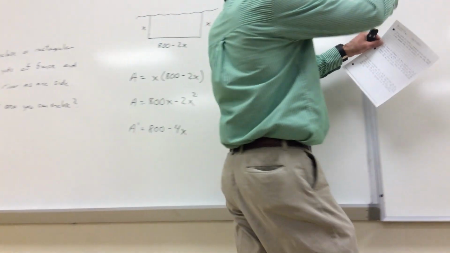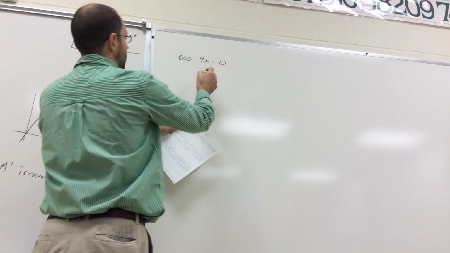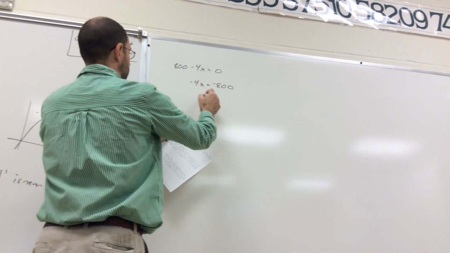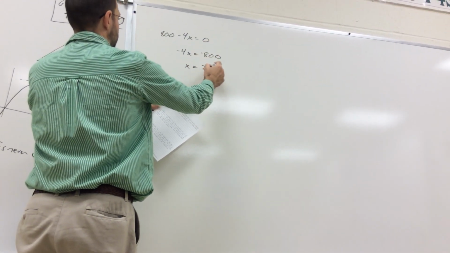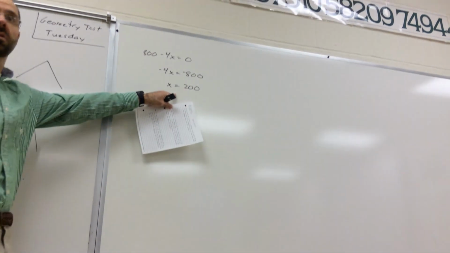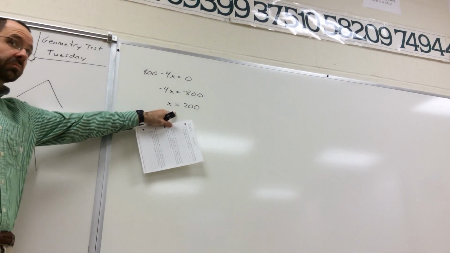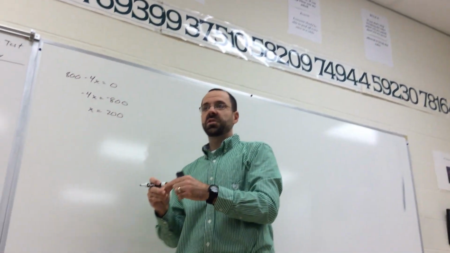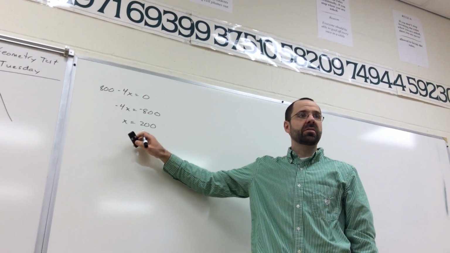The other critical values come from the derivative being 0, so that's at x equals 200. We suspect this is where the maximum happens because it's the only critical value.